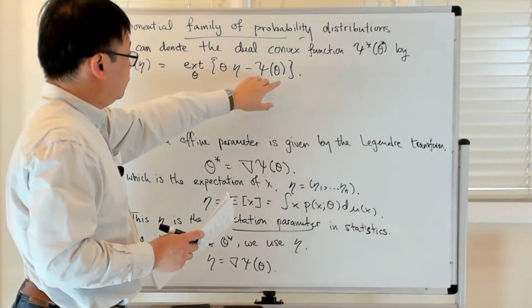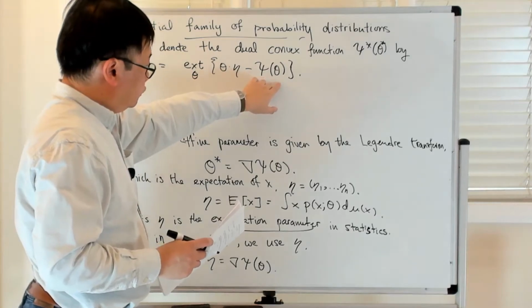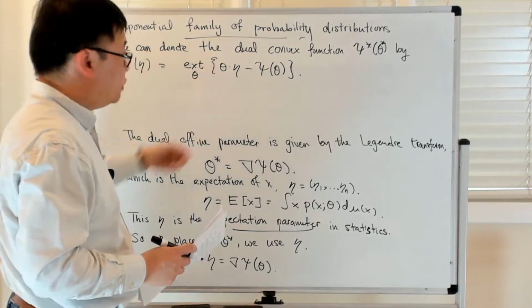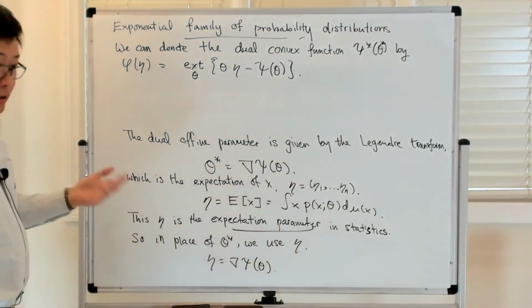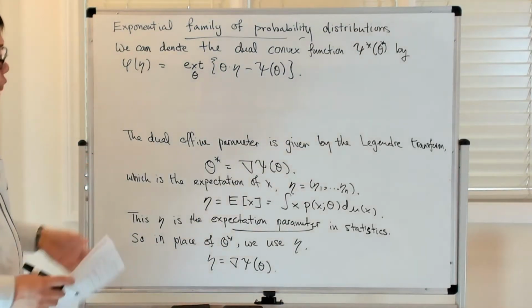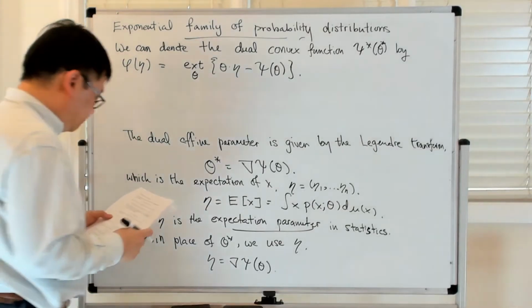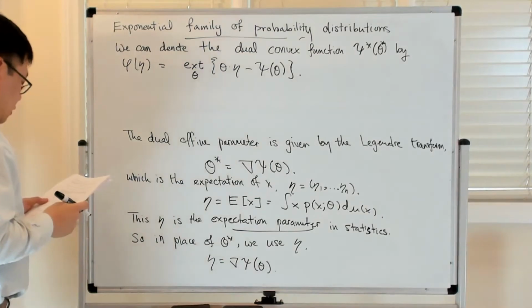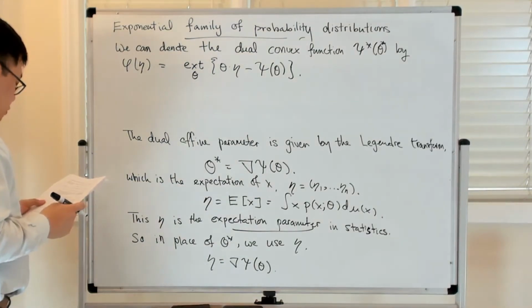If phi was the Lagrangian, this is the thing you would do in order to get the Hamiltonian. So the Hamiltonian is the convex dual of the Lagrangian via the Legendre transform. This is exactly analogous to that.